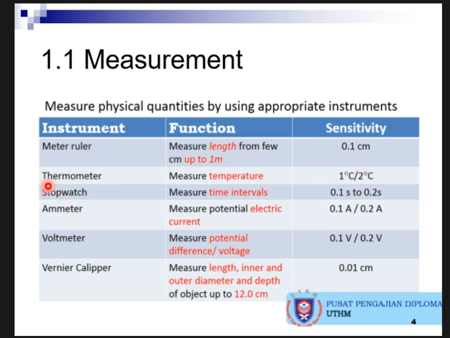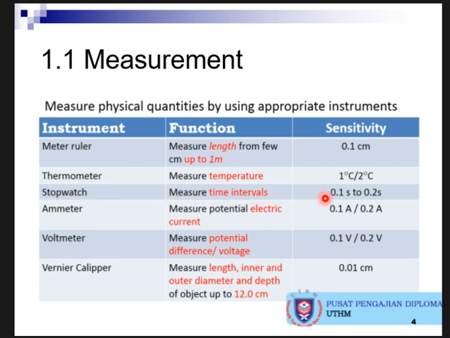The second instrument is the thermometer, which measures temperature. The sensitivity value is 1 Celsius or 2 Celsius, or sometimes we can divide it by 2 and get 0.5 Celsius. The third instrument is the stopwatch, used to measure time intervals.